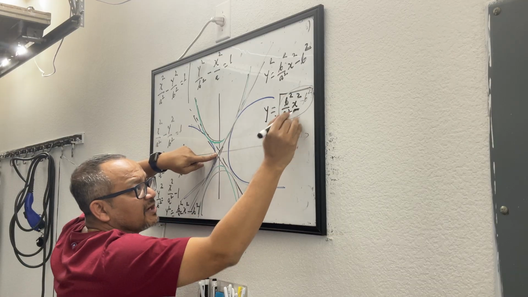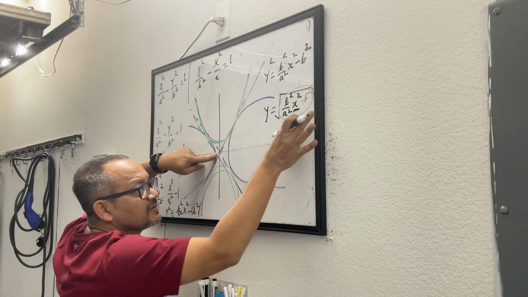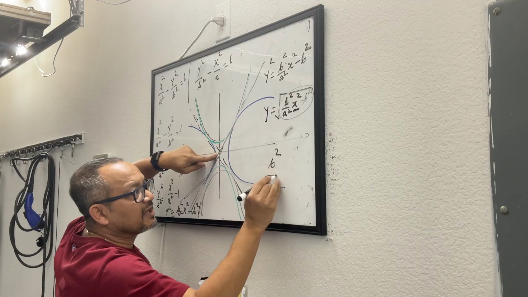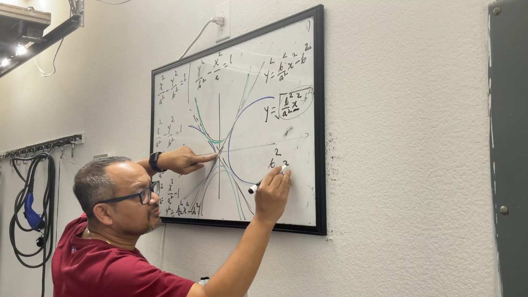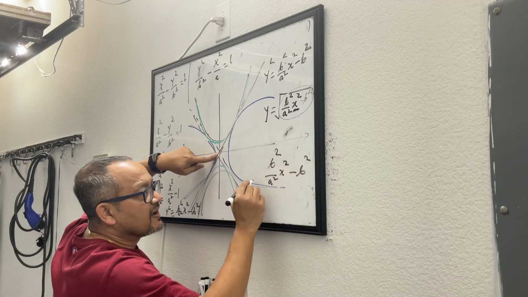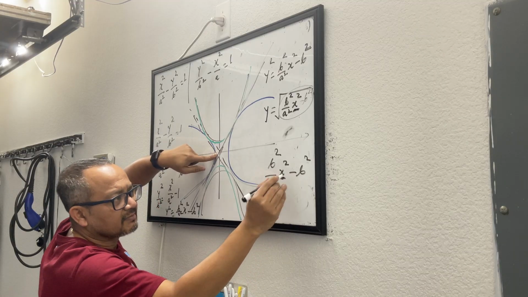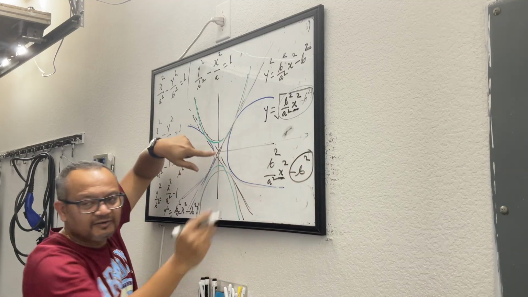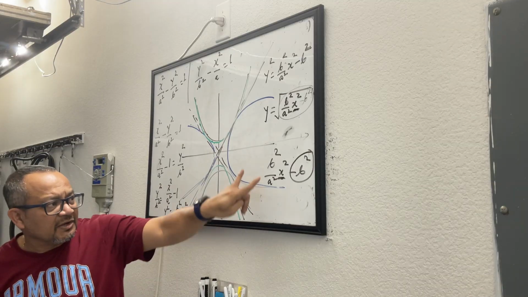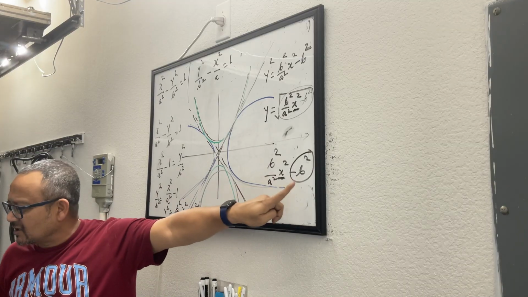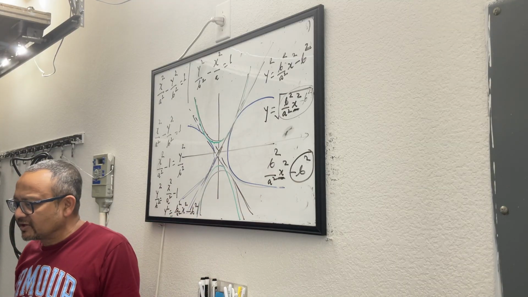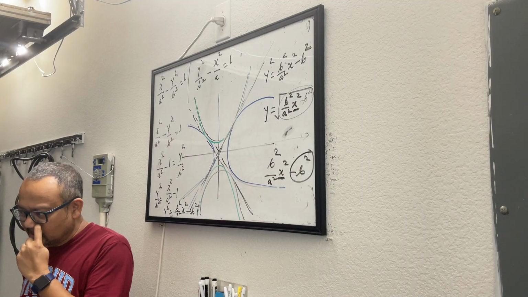When x is infinity, in this part, b squared by a squared times x squared minus b squared, when this x becomes infinity, this will become almost irrelevant, right? Infinity into some number minus something, as good as infinity, right? Or no?